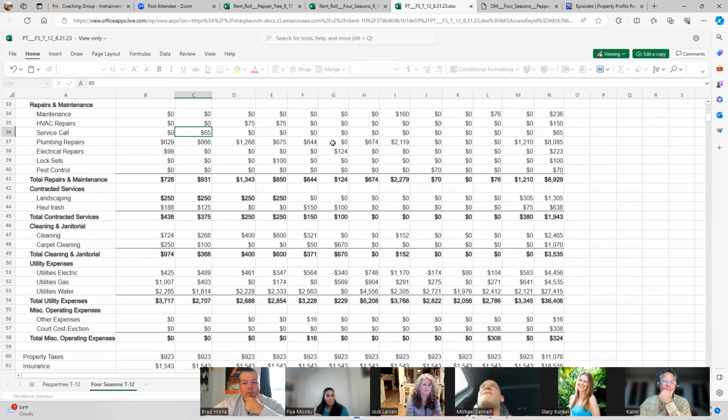Plumbing repairs, I mean, that could be as stuff breaks. I'd still want to understand why some months were nothing. Electrical repairs, again, why are some months nothing? Lock sets, I can kind of understand. Hey, maybe only one person got locked out all year. Pest control. Why are you not spraying a 1978 property every single month?